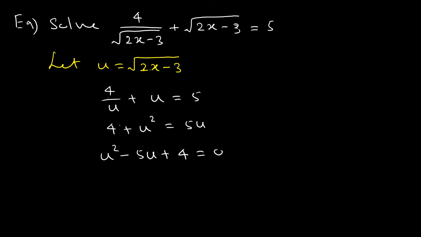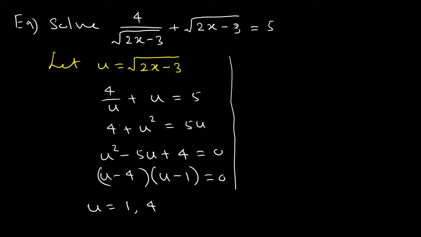Very easy to find factors. It is negative 4 and negative 1. So u minus 4, u minus 1 equals 0. This says that u equals 1 and 4. As before, we're going to set each one equal to the term.